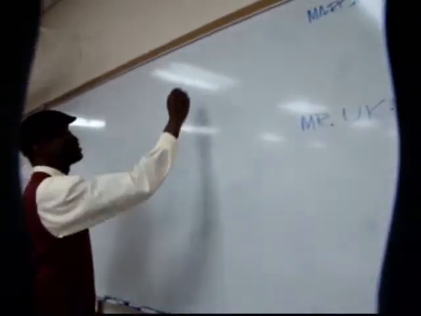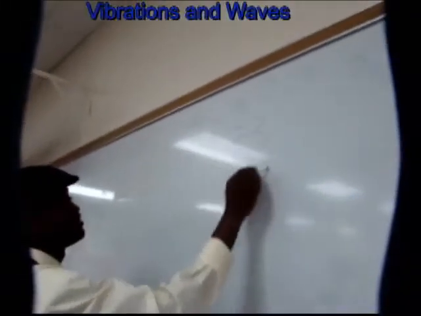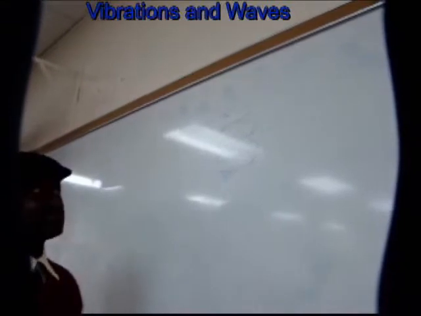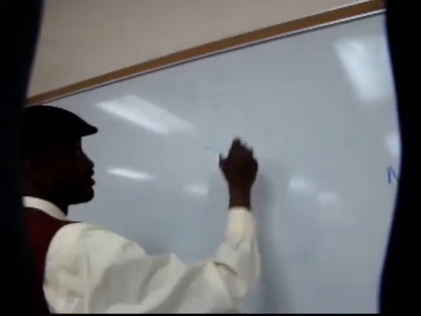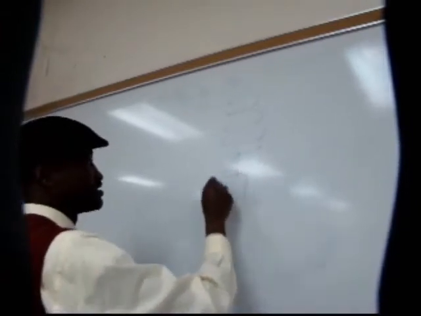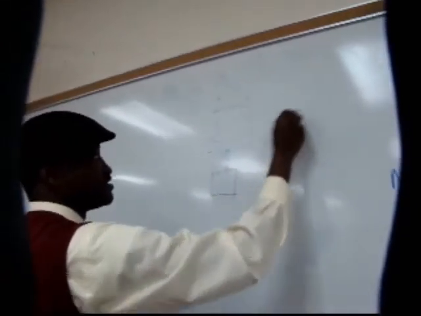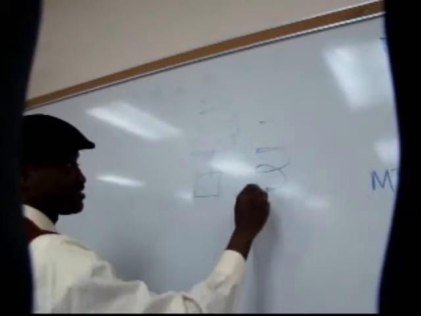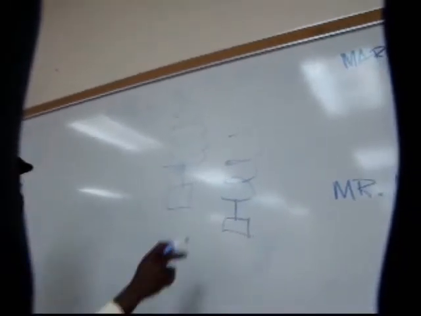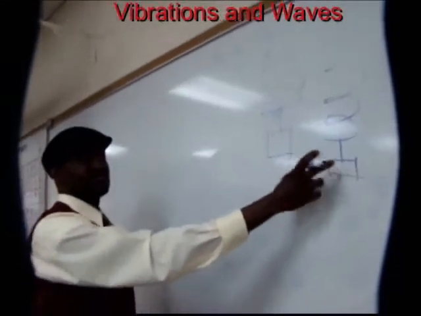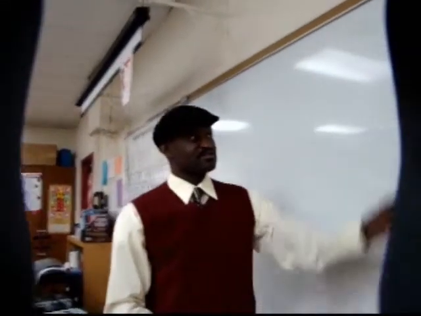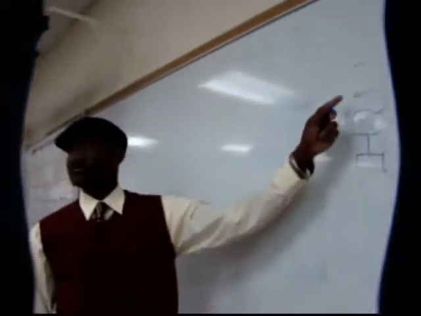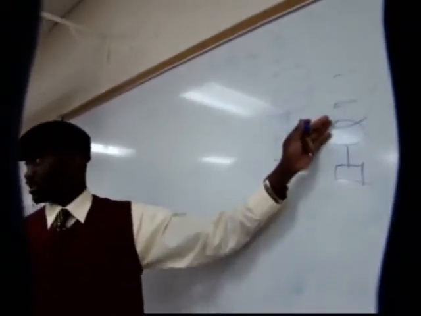You have your spring original position. Then when you attach a mass on it, then it displaces with the mass. Depending on the mass, the displacement could be longer or shorter.